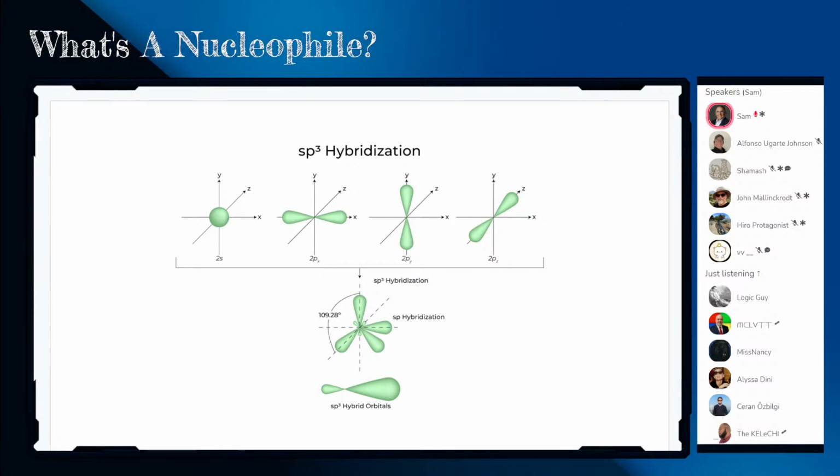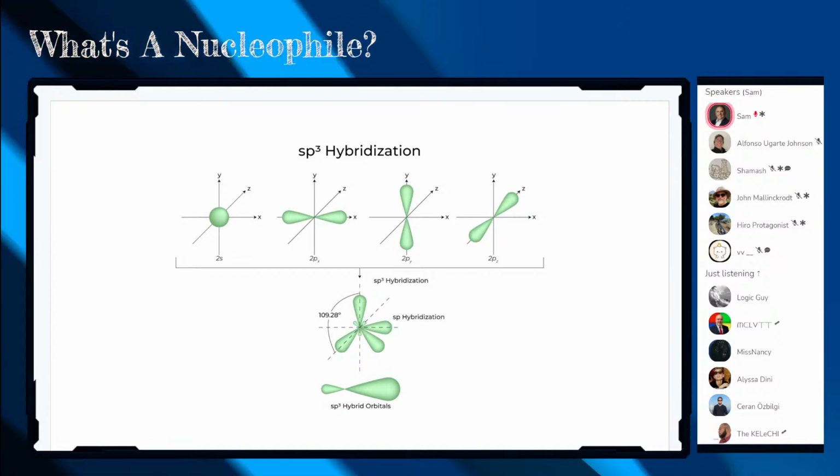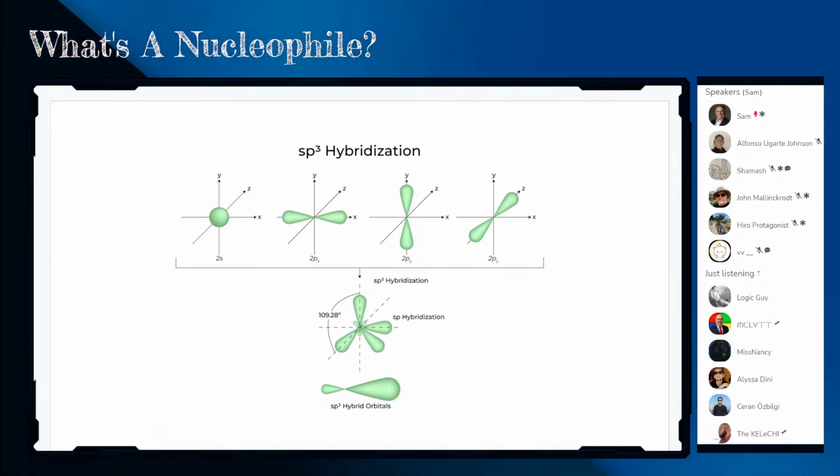On the right-hand side, oxygen is sp2 hybridized, meaning that it has 3 sp2 orbitals. One of them is involved in sigma bonding with the carbon. The other 2 carry the free electron pairs.